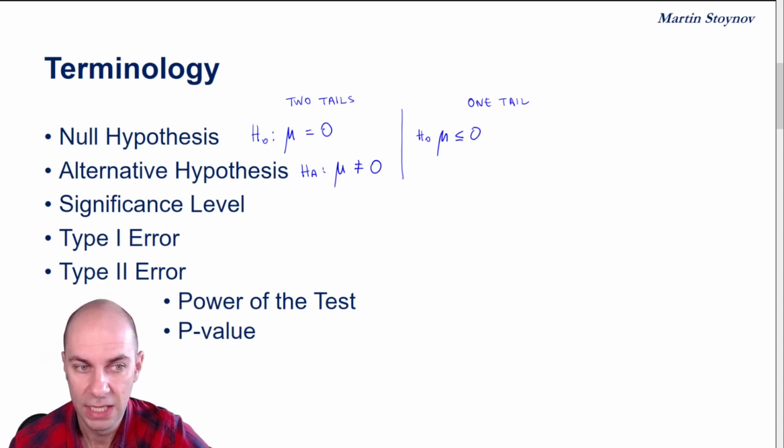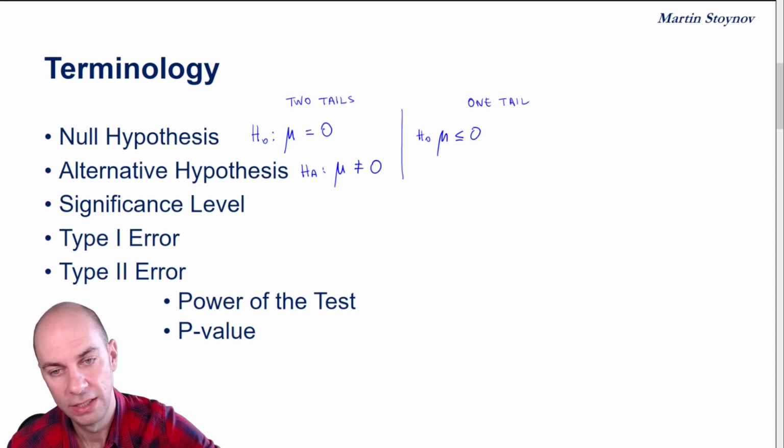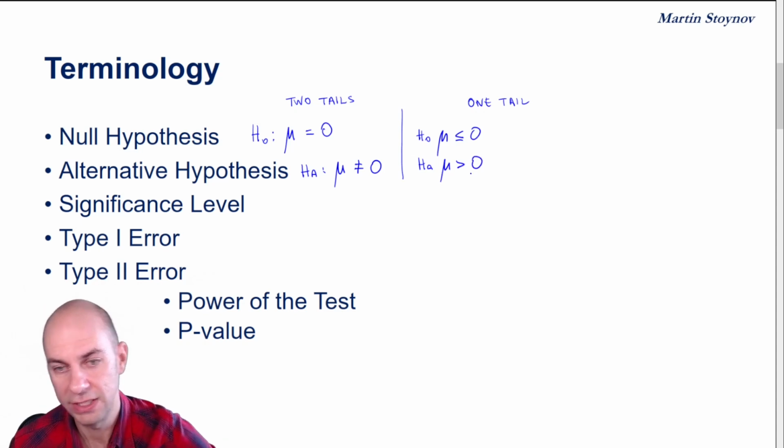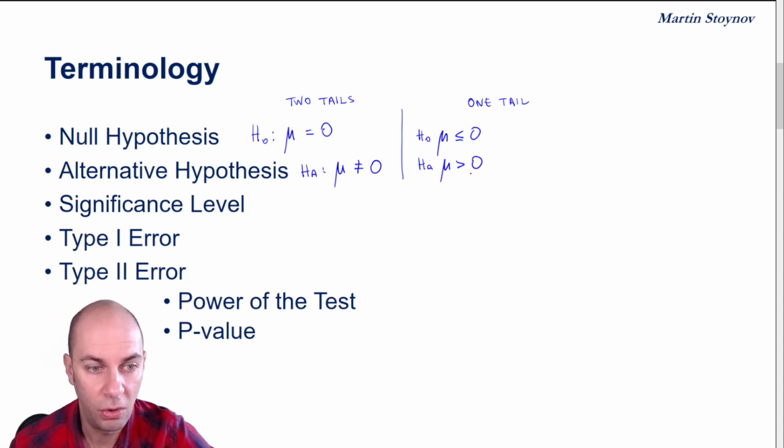Notice again how the null must contain the equal sign, even though it also contains the less than sign. And our alternative hypothesis might say mu is greater than 0. So in this case, I will only reject the null hypothesis if I end up in the right tail of the distribution.